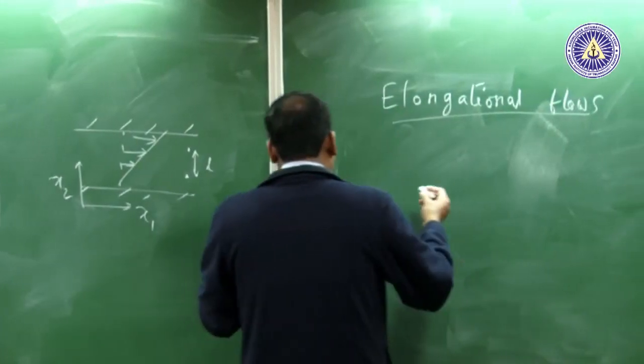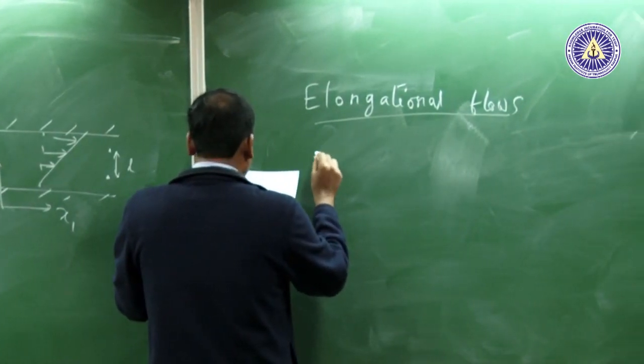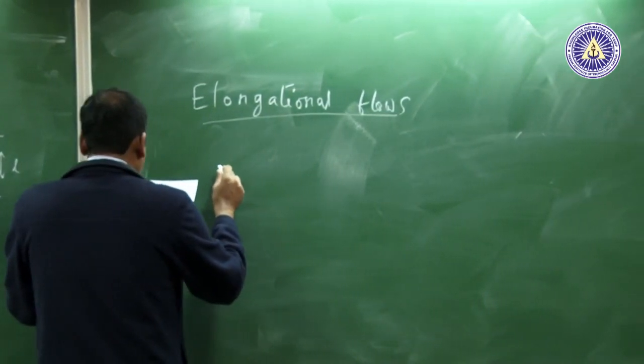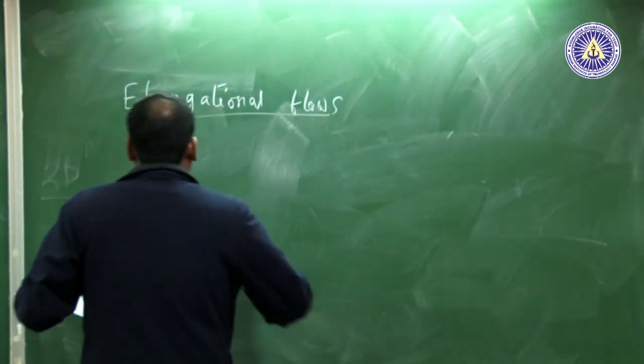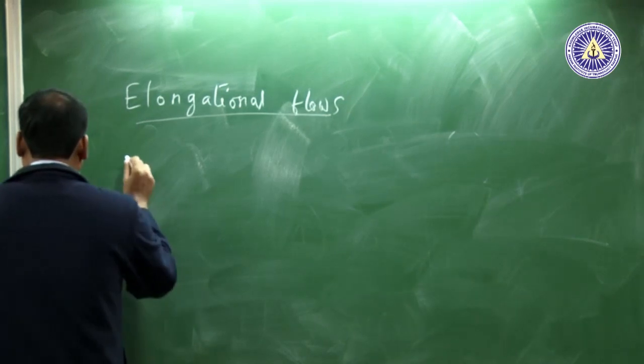The most important elongational flow, the most useful elongational flow in various applications, is what is known as the uniaxial extensional flow.